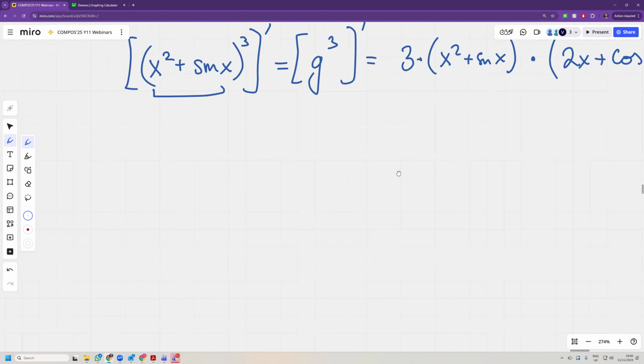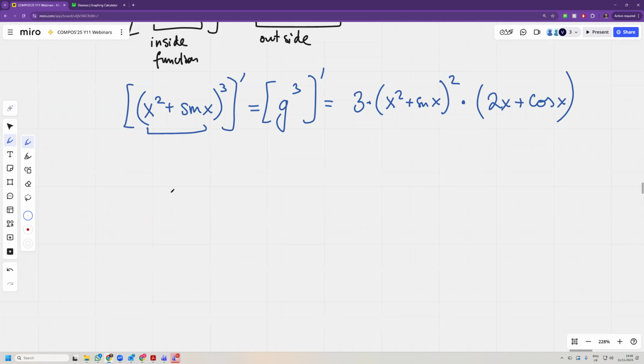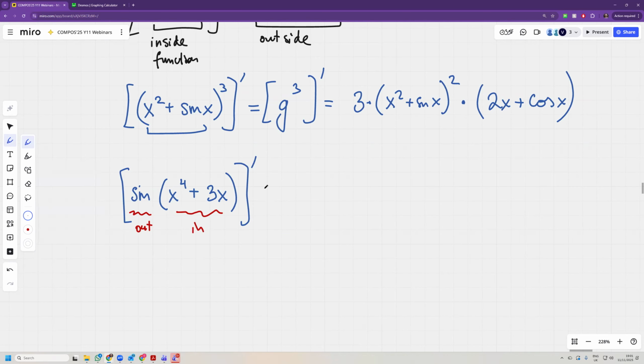Okay, a slightly more complicated example. Sine of x to the power 4 plus 3x. You want to find the derivative of this. This is the outside function, and this is the inside. So you find the derivative of the outside function.